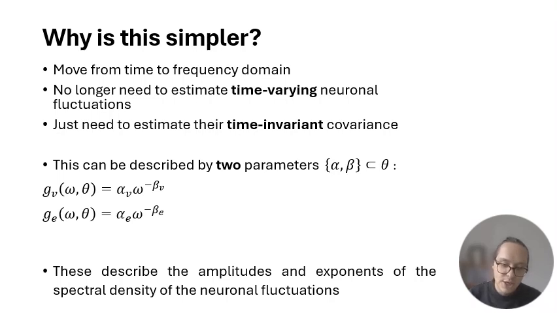You can't ask questions about how effective connectivity is changing between regions over the course of the experiment because you're losing that time component. But you can still ask questions about group differences and how effective connectivity differs between groups using this spectral DCM framework. So we've simplified our inversion, our calculation.